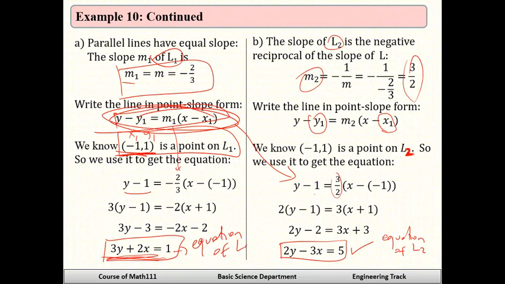Please go back to the question and read it again. Try to see what points you have in your mind, because in this type of question you have to know what is given and all the relations between the slopes, and which forms you have to use for finding the equation. These are important.